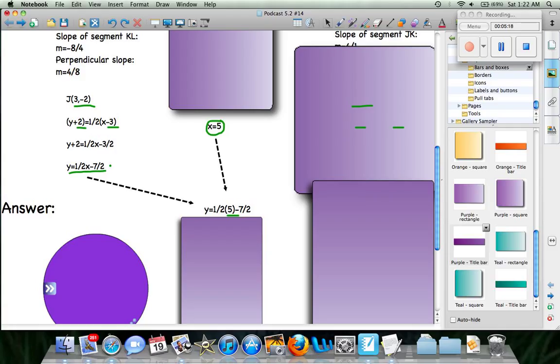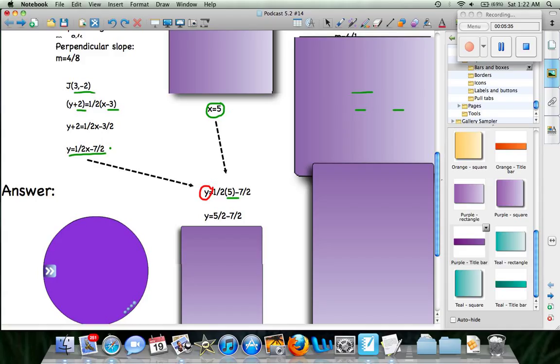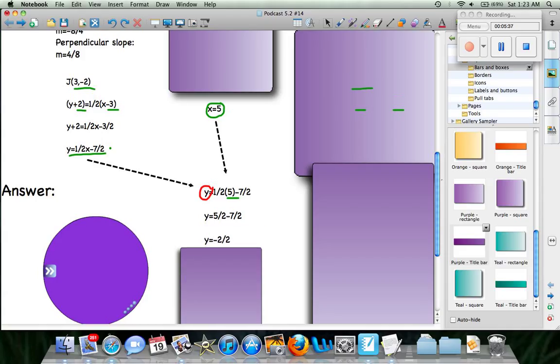So we have y equals 1/2 times 5 minus 7 over 2. So once we multiply 1/2 times 5, we get 5 over 2 minus 7 over 2. And then after that, we simplify to get y equals -2 over 2, which then simplifies to y equals -1.